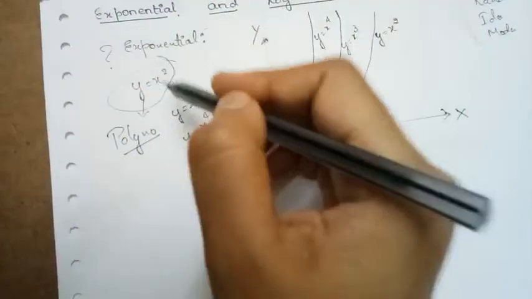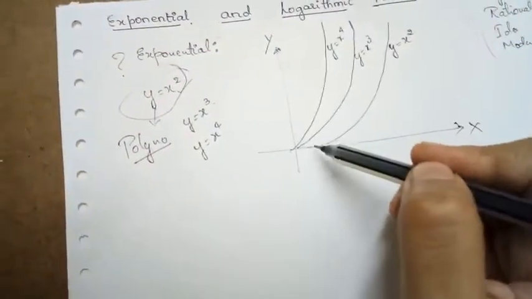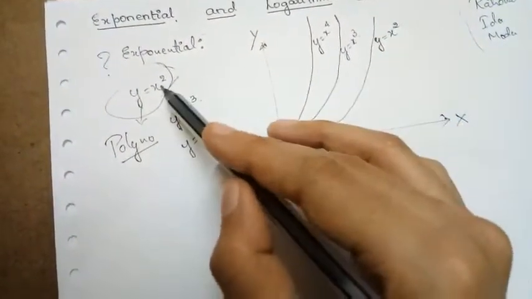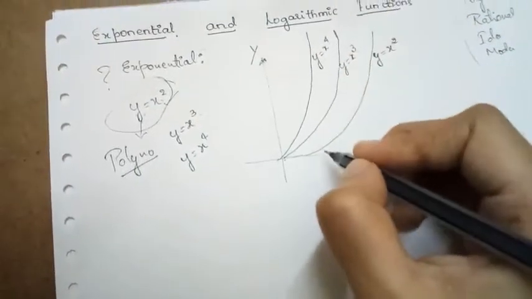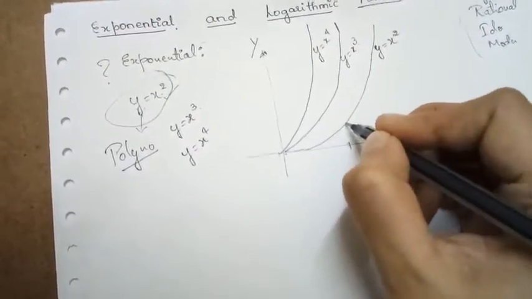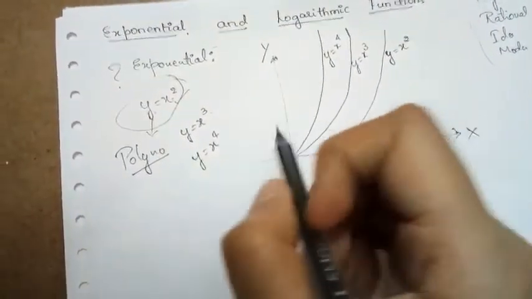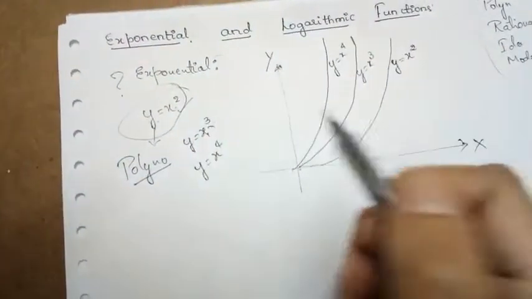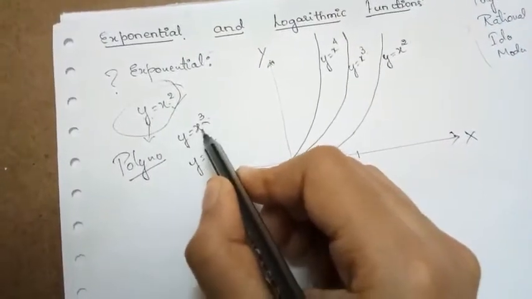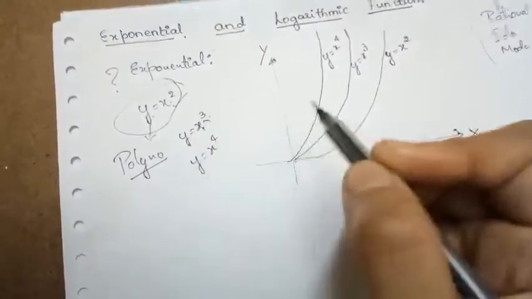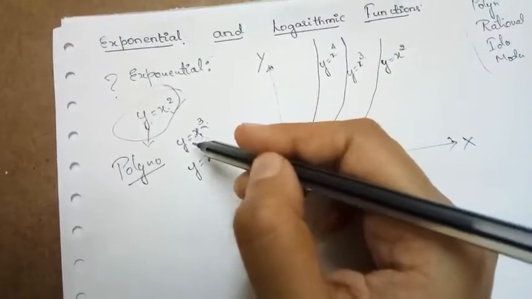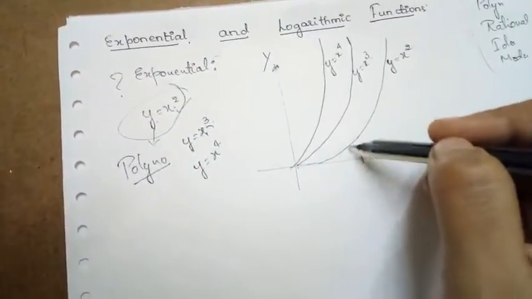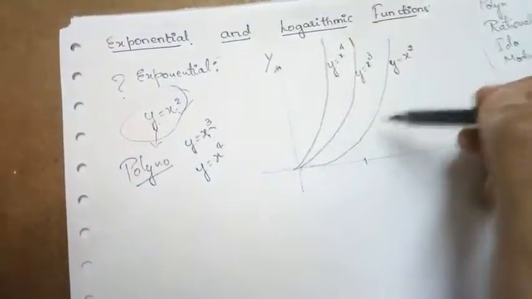In the curve y equals x squared, when x is 1, y is 1. When x is 2, y will be 4. Similarly, for the x cube graph, when x is 1, y is 1, but when x is 2, what is the value of y? It will be 8.